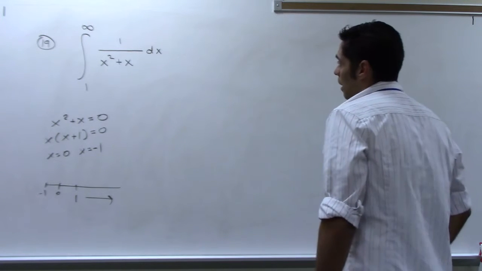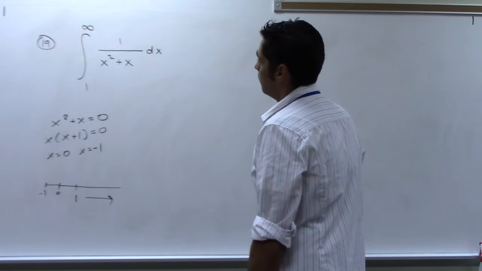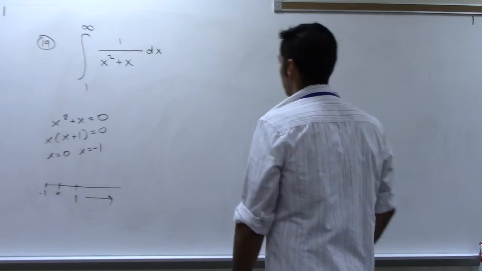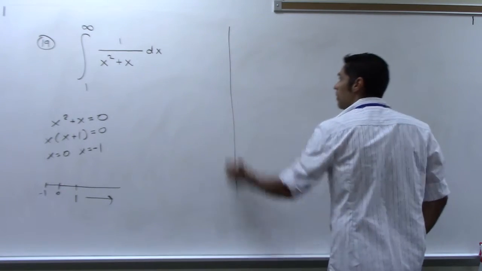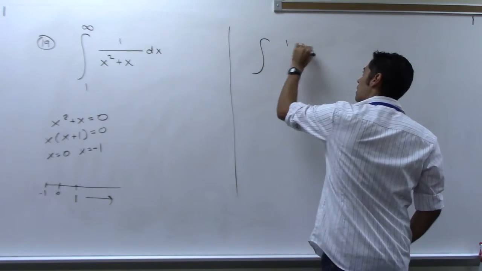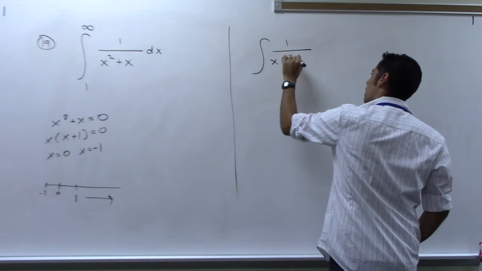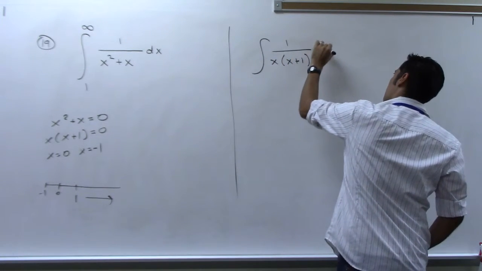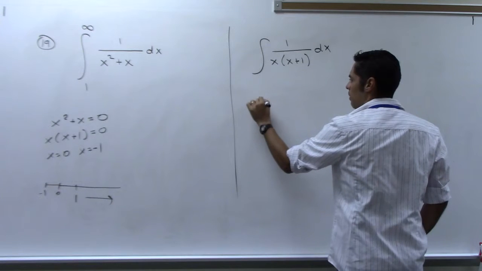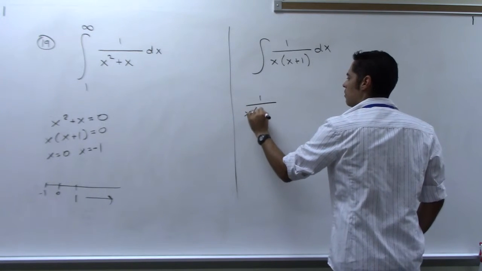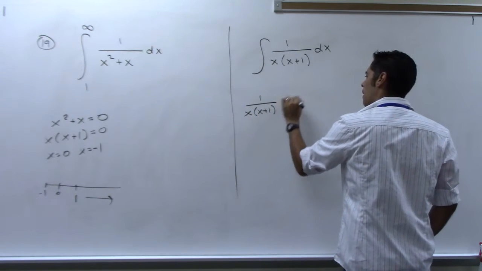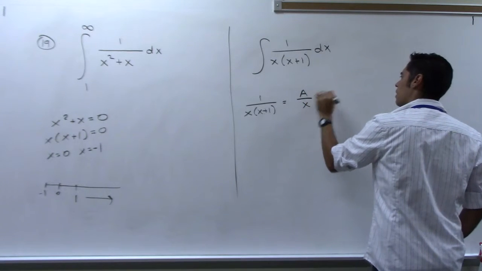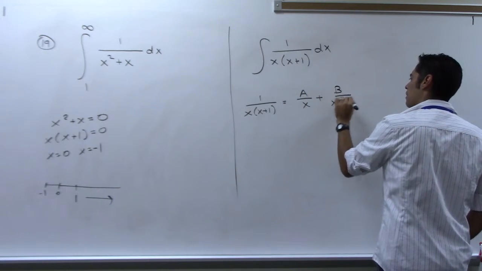But to integrate that, I'm going to have to use partial fraction decomposition. So I'm going to rewrite the integral. I'm going to factor out the denominator. And then I'm going to go ahead and do my work now. I need to rewrite this as a over x plus b over x plus 1.